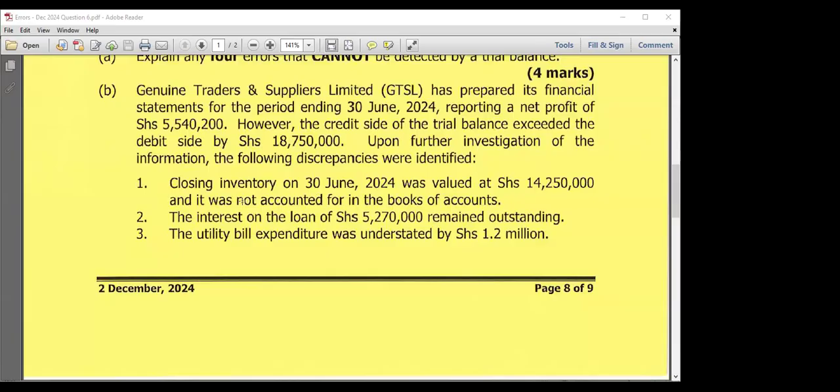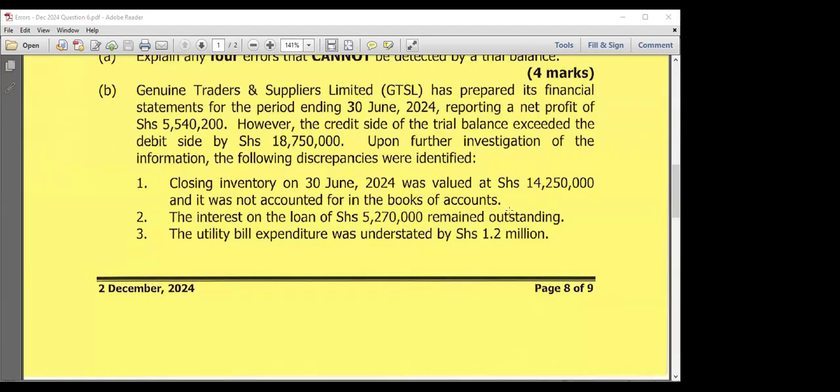For this first entry, I may not expect you to really understand how to go about it, but I have given you the explanation. You will debit closing inventory because inventory is an asset. Then you will credit cost of goods, which is profit or loss, which you take to profit or loss. So number 2, which I'm more interested in also: the interest on the loan of 5,270,000 remained outstanding.